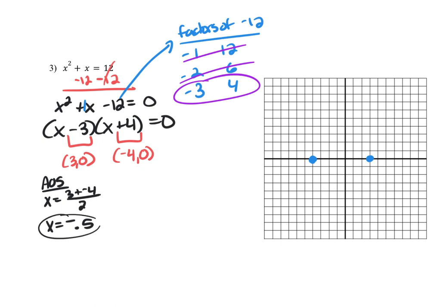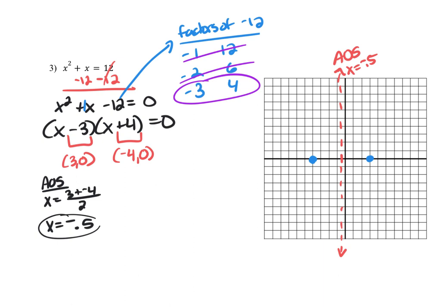That is our vertical line, AOS, x equals -0.5. And that cuts our parabola perfectly in 2. So these 2 points should be the same distance away. This is 1, 2, 3.5. This is 1, 2, 3.5.